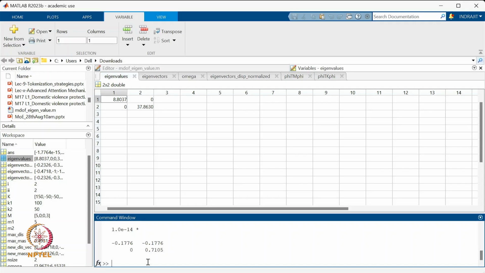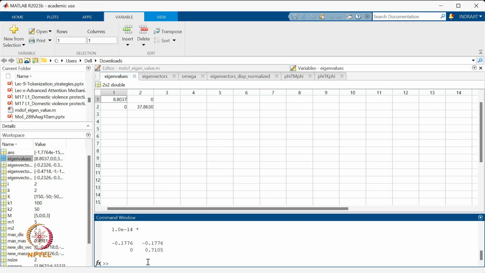Because please check, previously there is a multiplication of 10 to the power minus 14. So come on, 10 to the power minus 14, if you are multiplying, it becomes almost 0, nothing else. And then 0.7, 0.177, whatever the number is coming, that makes no sense.